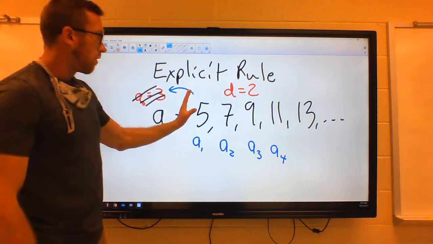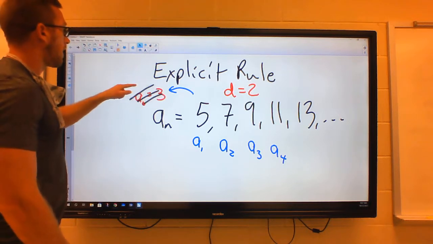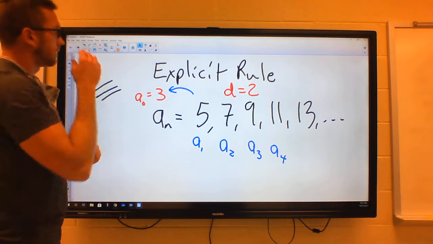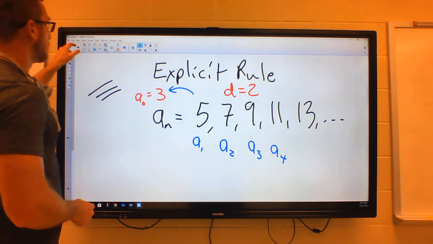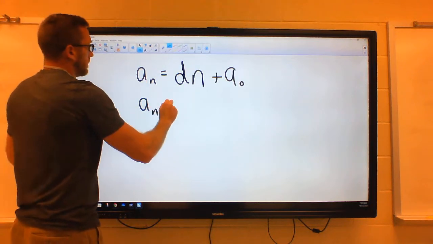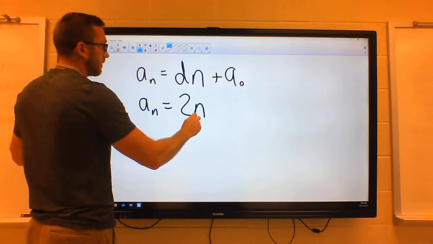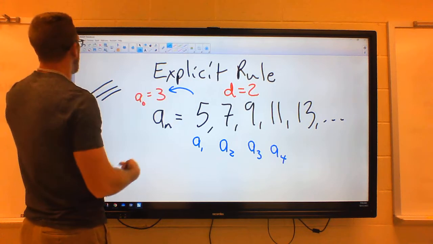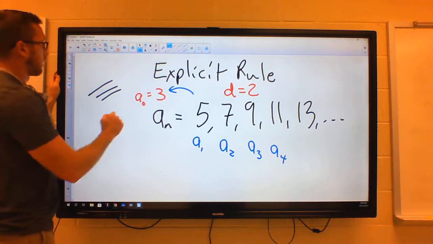So 3 is not a part of our sequence, 5 is the first term, but if I wanted to find the zeroth term, all I'd have to do is subtract my common difference, go back one. And we could write the rule for that arithmetic sequence as 2 times n, because 2 is our common difference, plus 3 for our zeroth term.